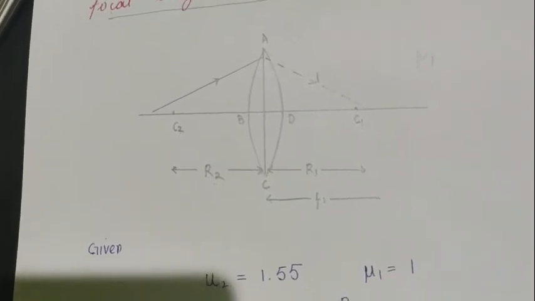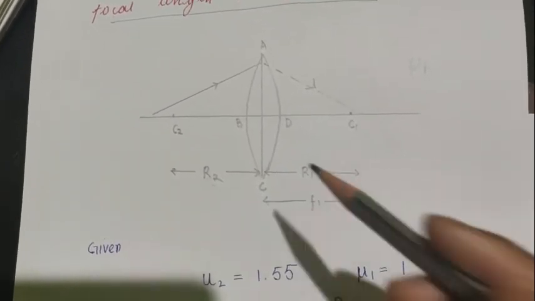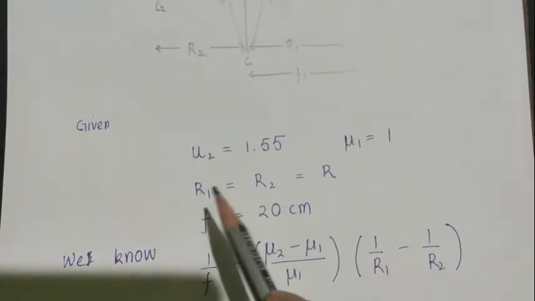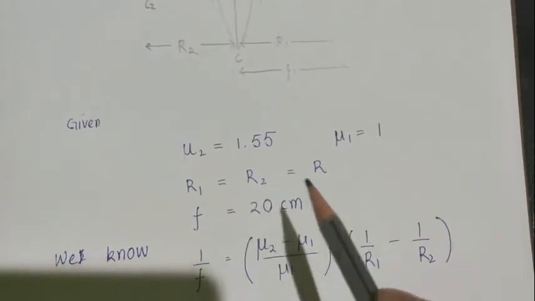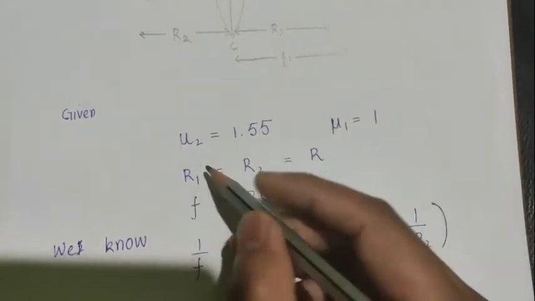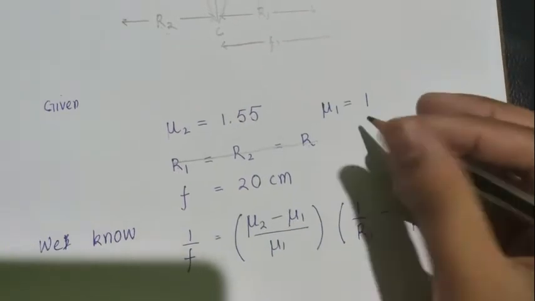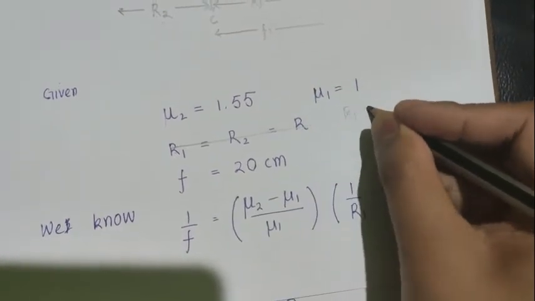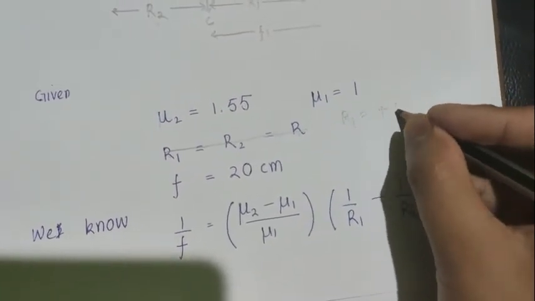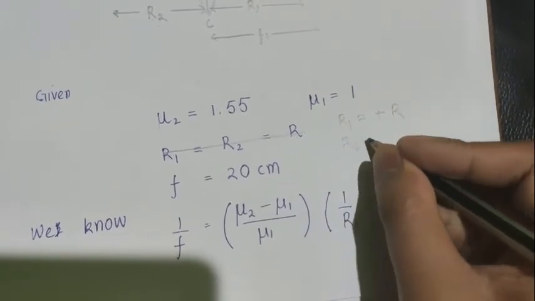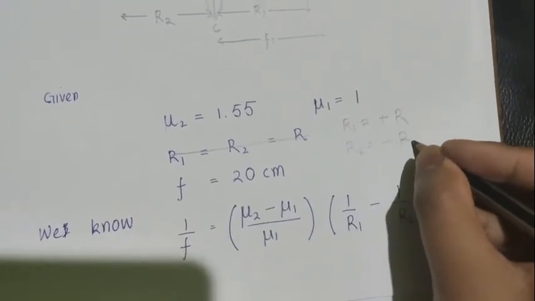No. If they are not in the same direction, then my R2 will be negative. Clear? For R1, R will be positive. For R2, R will be negative. If students have confusion, instead of this statement, you can write my R1 will be positive R, and my R2 will be negative R.